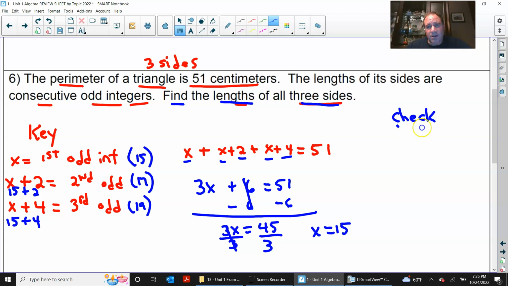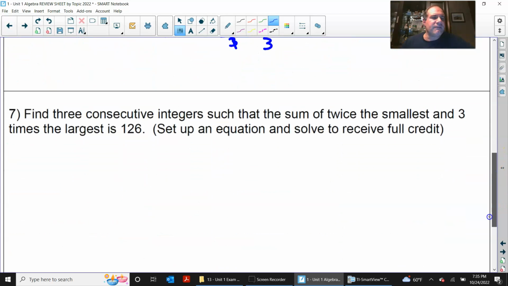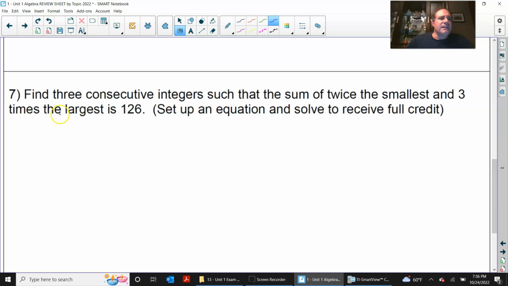First off, they're all odd. So if you really wanted to check that, it's 15 plus 17 plus 19 does equal 51. 51 equals 51. That does check out. You did this correctly.